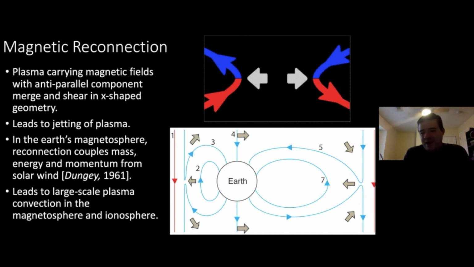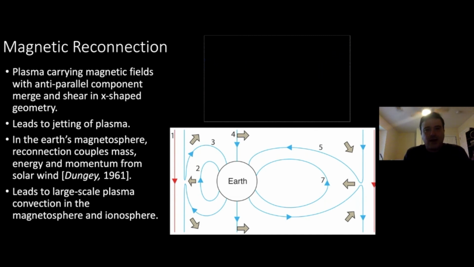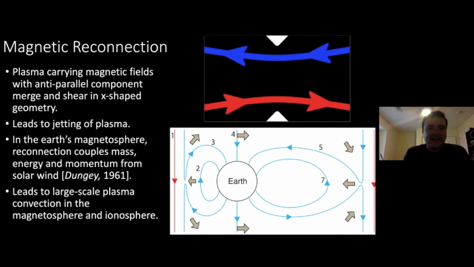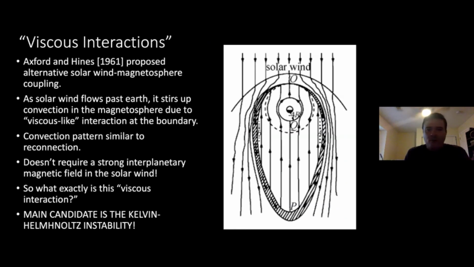However, there are other mechanisms where the solar wind can couple into the magnetosphere. One of those is called viscous interaction. The solar wind is supersonic, it flows towards Earth, and then it decelerates at what we call a bow shock. You can view it as sort of a big plasma sonic boom. Then you have a region of flow called the magnetosheath that flows around Earth.